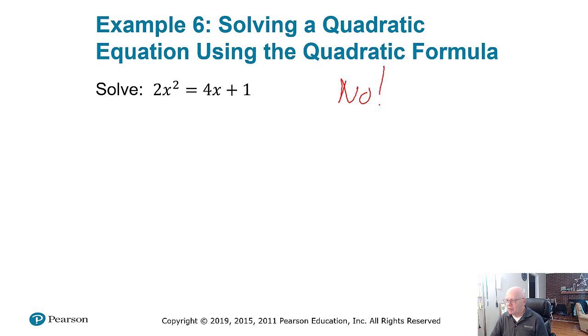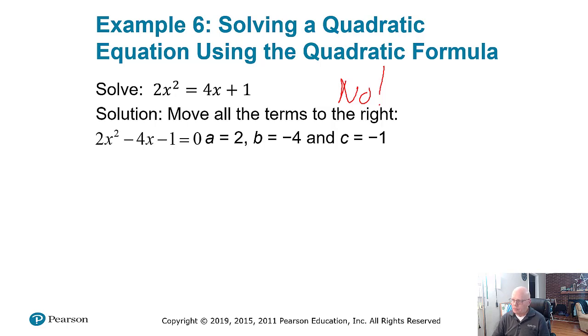You first have to get 0 on the right side, or whichever side you want. Once you switch them to the right, here's the equation you can use with the quadratic formula, or to factor, you have to have that 0. Pick up the 2, -4, -1.